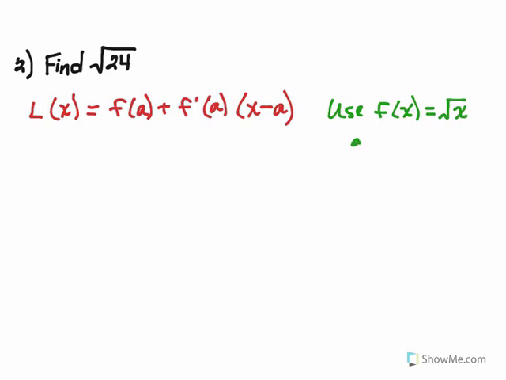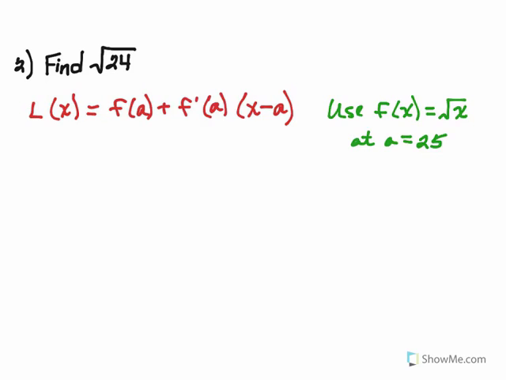Now we need an a value. Remember, we would substitute this a into the square root of x because we are going to need f of a. So we want it to be something that's a nice square root that we can easily do, but not too far away from 24. So let's make it 25. That's kind of like having a delta value of 1 unit, if you think of it that way.